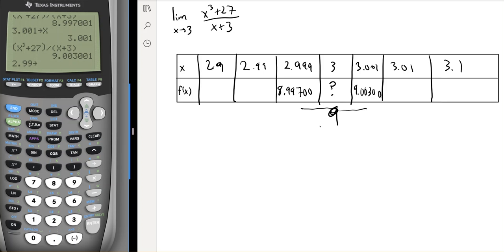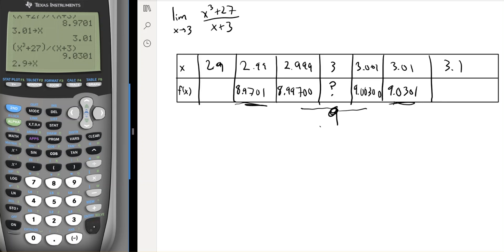But I'd like to go ahead and fill in the rest of my table. Make sure all of this is matching up. So I'm getting values further away from 3, so I should be getting values a little bit further away from 9. And taking one small step away, comparing these two, looks to be the case that that is happening.